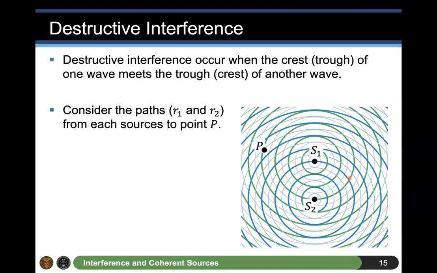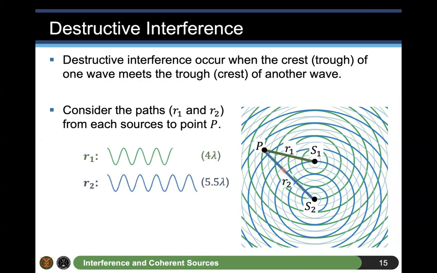Now, from other point, so S1 will be 1, 2, 3, 4 lambda. S2 will be 1, 2, 3, 4, 5.5 lambda. Take the absolute difference, we get 1.5 lambda.